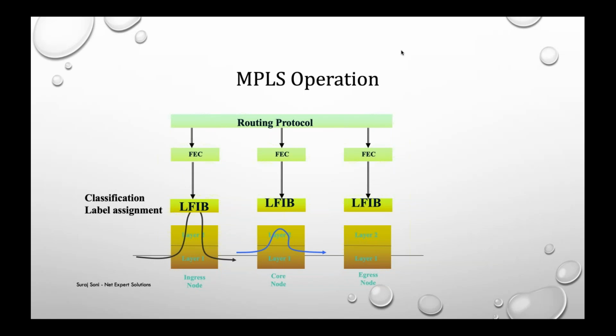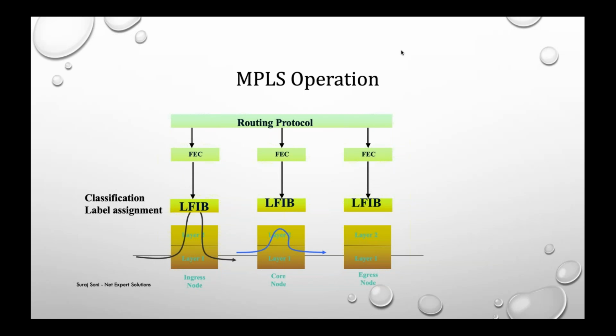So at the ingress point we have two lookups. First is the IP lookup, where we check whether we can reach that destination. Second is the label lookup, what is the label for my next hop, and I combine both of them, create the MPLS packet and send it to the next forwarding router.